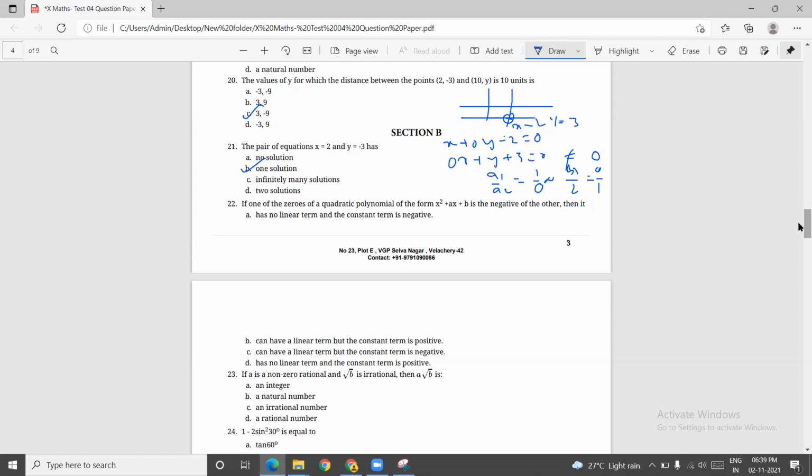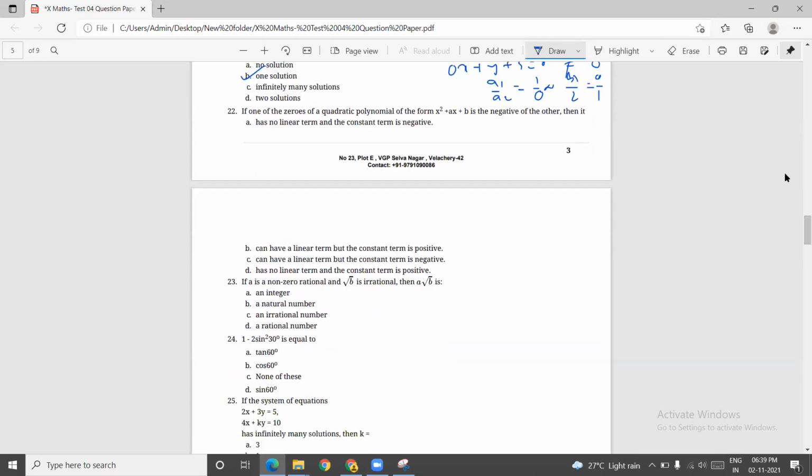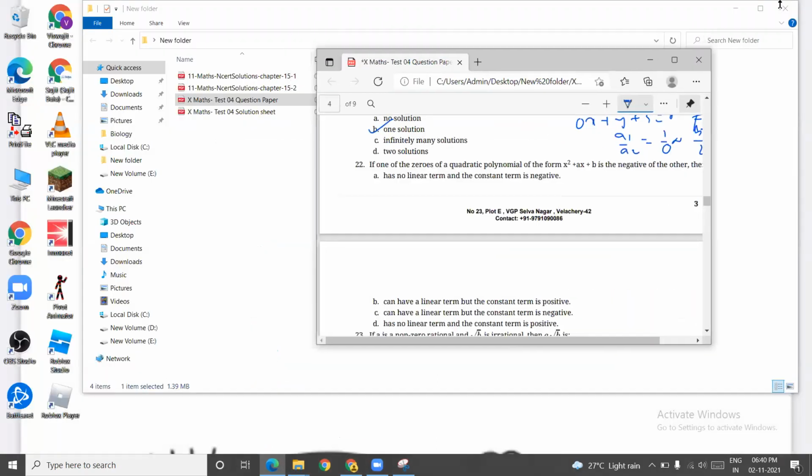So anyone can discuss the question number 22, students? Anyone can discuss the question number 22 from here? Who is going to discuss? We will discuss the question number 20 through 22.